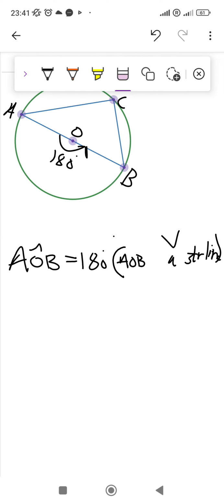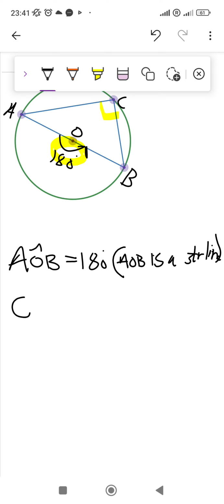Let's erase it. So that's the first thing. The second thing, from our theorem 2. So now we remember theorem 2. Theorem 2 said angle at center is twice the angle at the circumference. So from theorem 2, I know if this is 180, this obviously has to be half of 180.